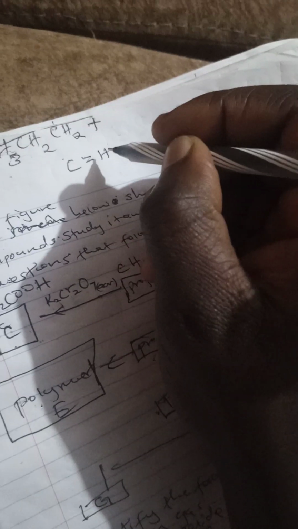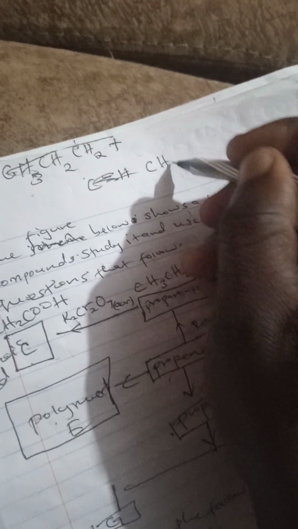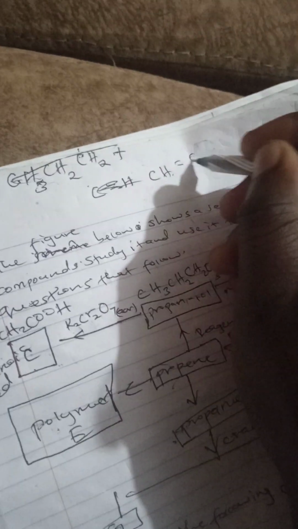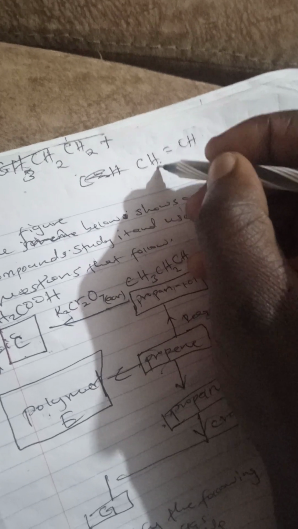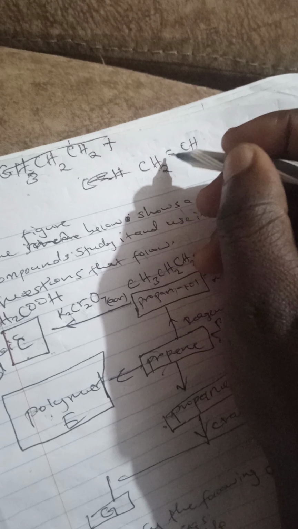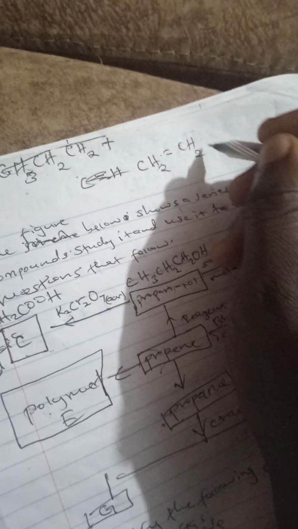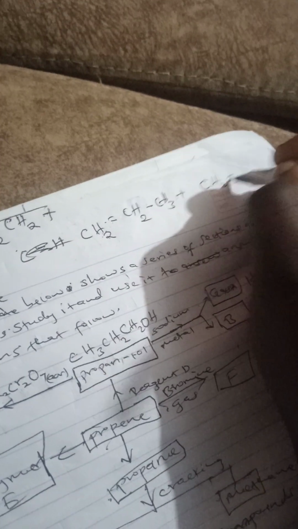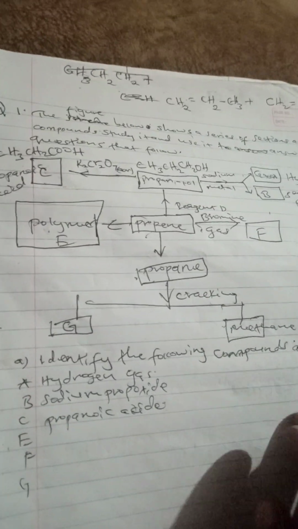It will be like this: C H, sorry, CH because here is one hydrogen, so 1 2 3, so here it will be 2, so 2 plus 2 is 4, and another one CH3 plus CH2 CH3, and it will be like that.